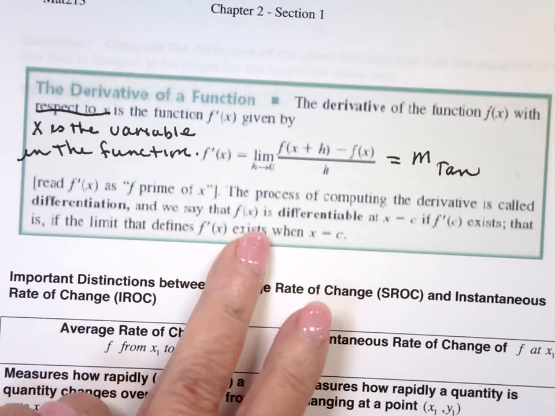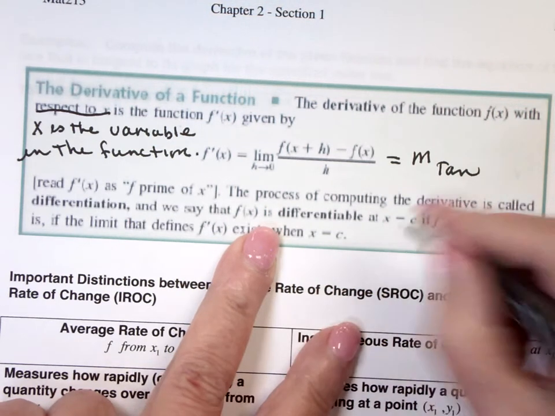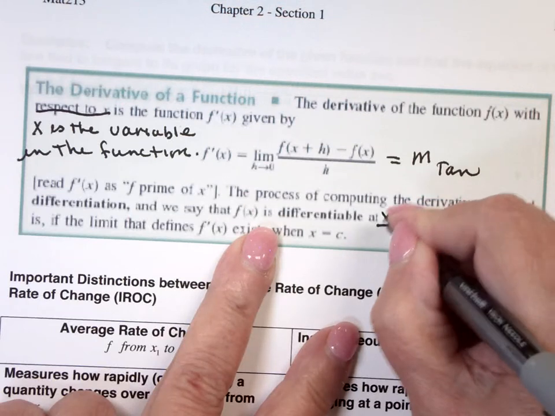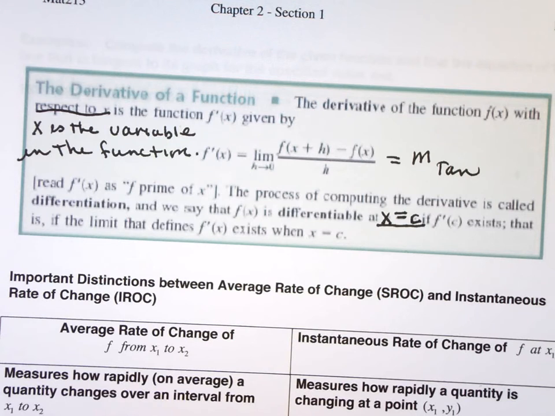We say that f of x is differentiable at x equals c. Notice, I'm only talking about it at a specific point.